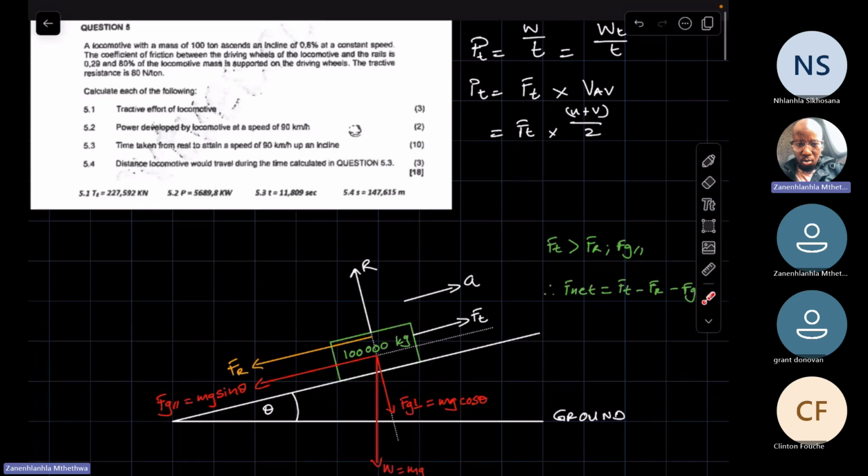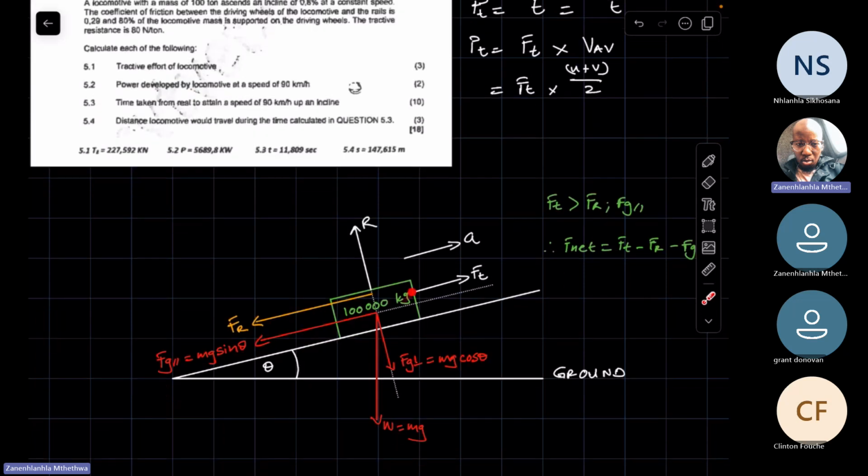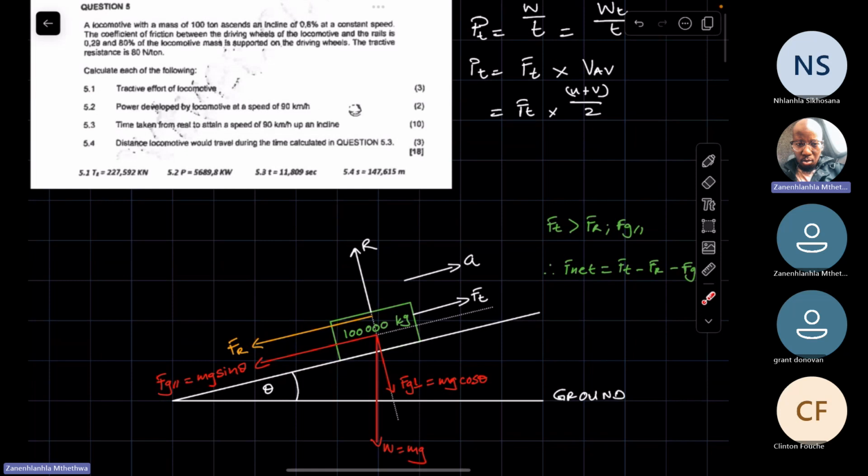Now you need one more thing here, either the distance, which we do not have, or the acceleration. We can get acceleration because all you need to do here is go back to your free body diagram and say this is now accelerating up the incline.